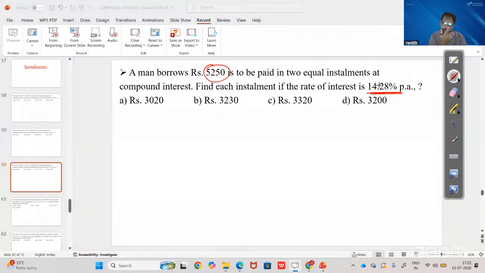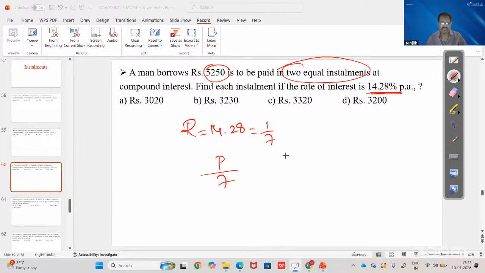Two equal installments, where R equal to 14.28 percent. That will be equal to 1 by 7. Principal equal to 7, amount will be equal to 8. How many years? 2 years. So that is 7 square equal to 49, and 8 square equal to 64.